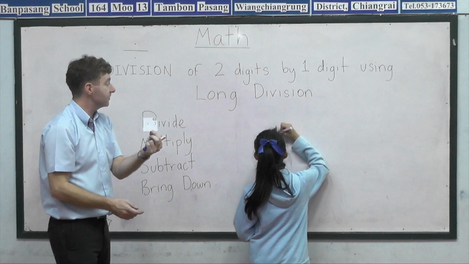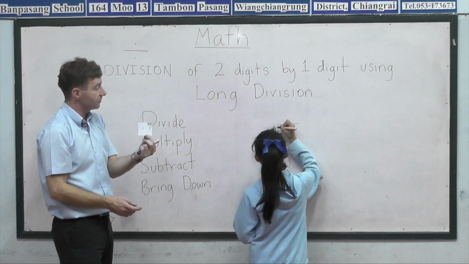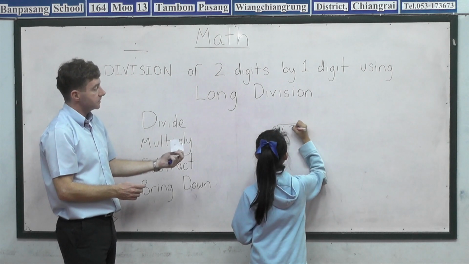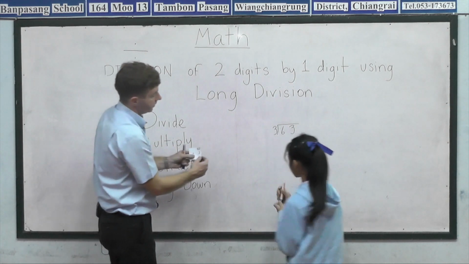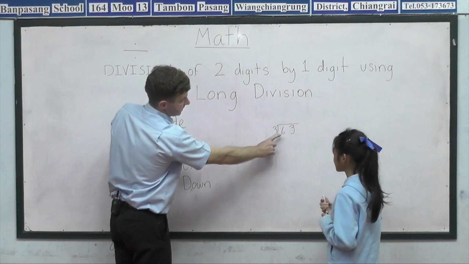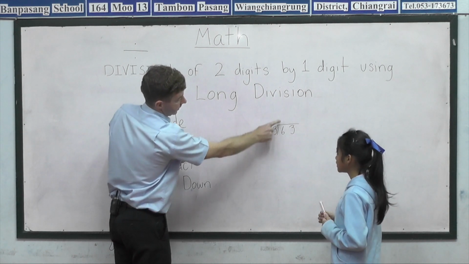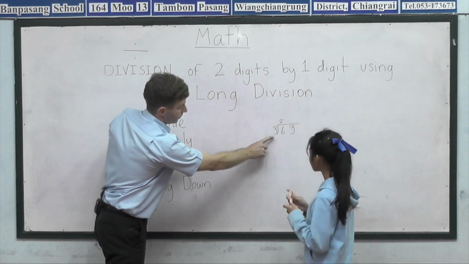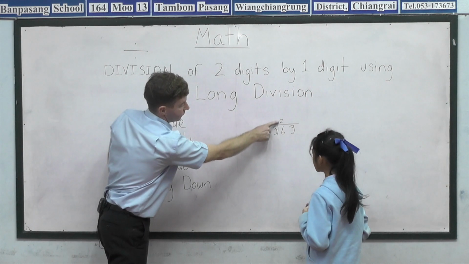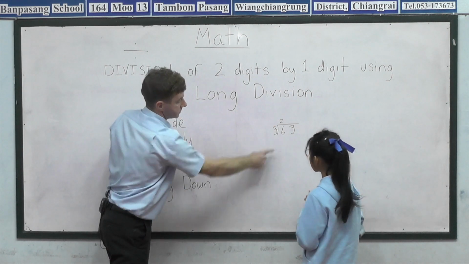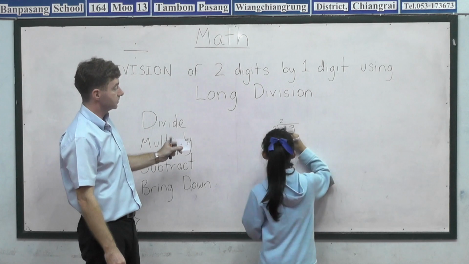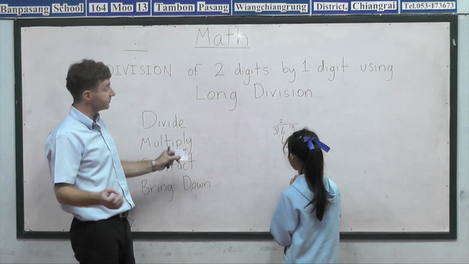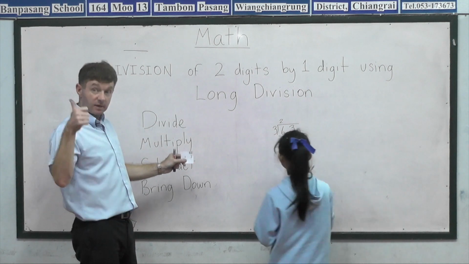63 divided by 3. So first of all, we write our table. 63 divided by 3. So, okay, 6 divided by 3 equals 2. 3 times 2 equals 6. 6 minus 6 equals 0.